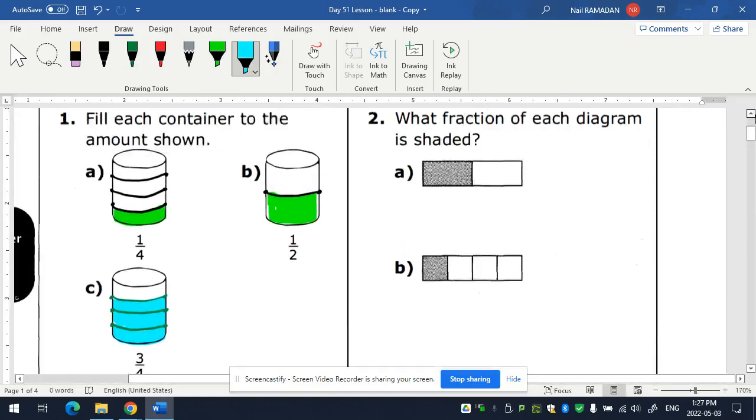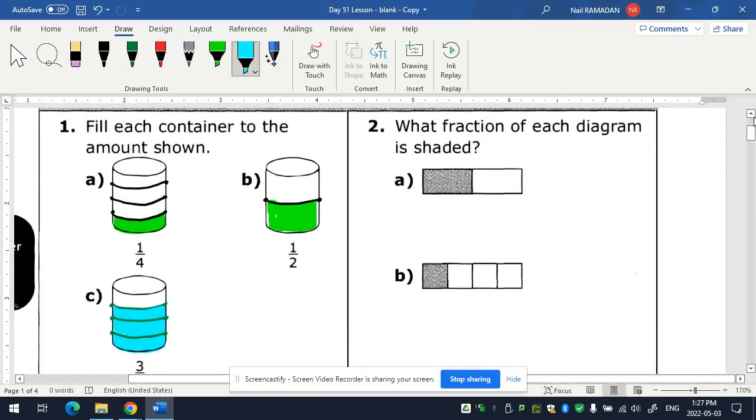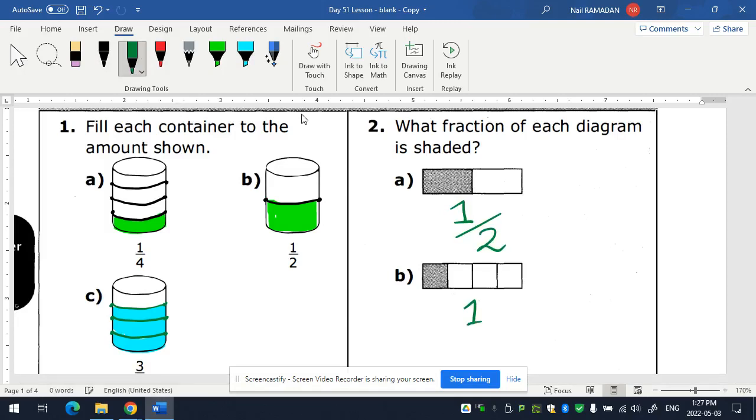The question is saying, what fraction of each diagram is shaded? Well, the first one is just 1 out of 2 total. This one is 1 out of 4. Done. What if they ask what percentage? No problem. You make it 0.5, which means what? 50%.